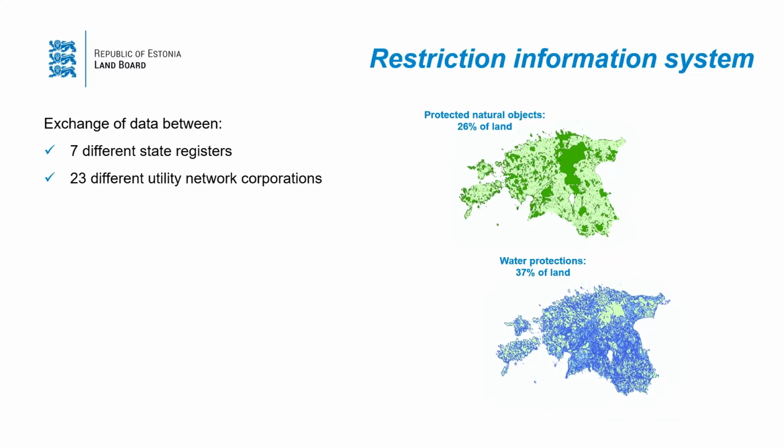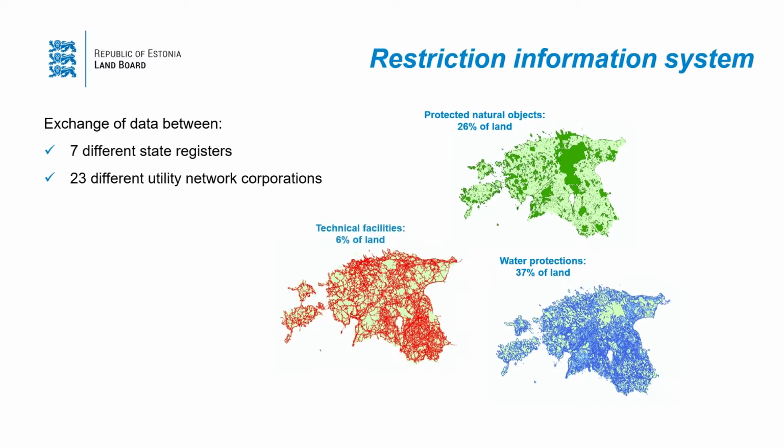As you can see, 26% of land has some kind of environmental protection and water protection and the technical facilities. There is a huge amount of data, but the buffer zones or restriction zones are very small. So only 6% of land is restricted by some kind of technical facilities.